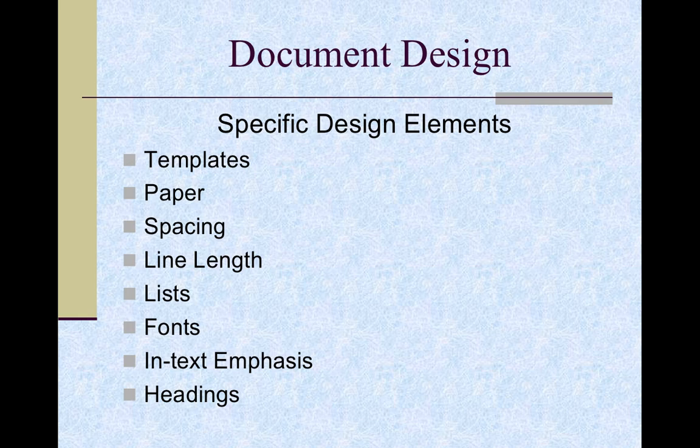Here are some specific design elements that you will find are available to you through Microsoft Word. For example, templates. In class, I showed you how Microsoft Word provides templates for writing memos or creating brochures. So you can use a template, and a template will have already partially formatted your document for you.